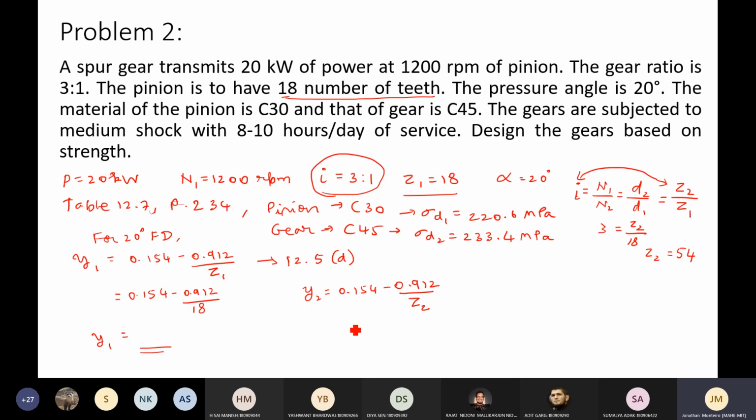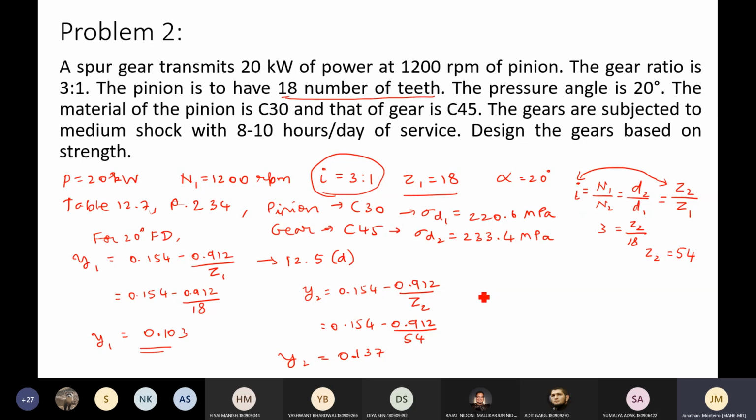So put that over here: 0.154 minus 0.912 by 54. So Y1 should be around 0.103 and Y2 should be around 0.137. Now it is time to compare those two values, sigma d1 y1 and sigma d2 y2.